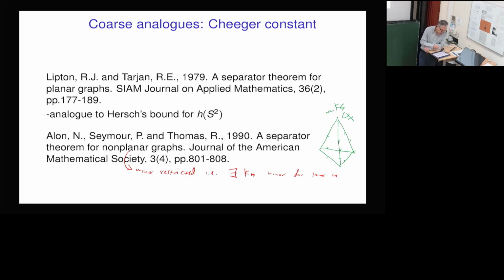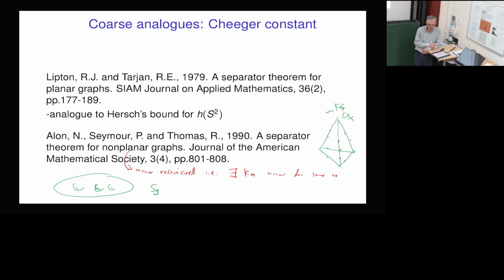Now, if you have a surface, there is a bound to the complexity of the graph you can put in there. So the graphs that go in a surface are minor restricted. If a graph doesn't embed in a surface of fixed genus, then there is a bound of the Ziegler constant.